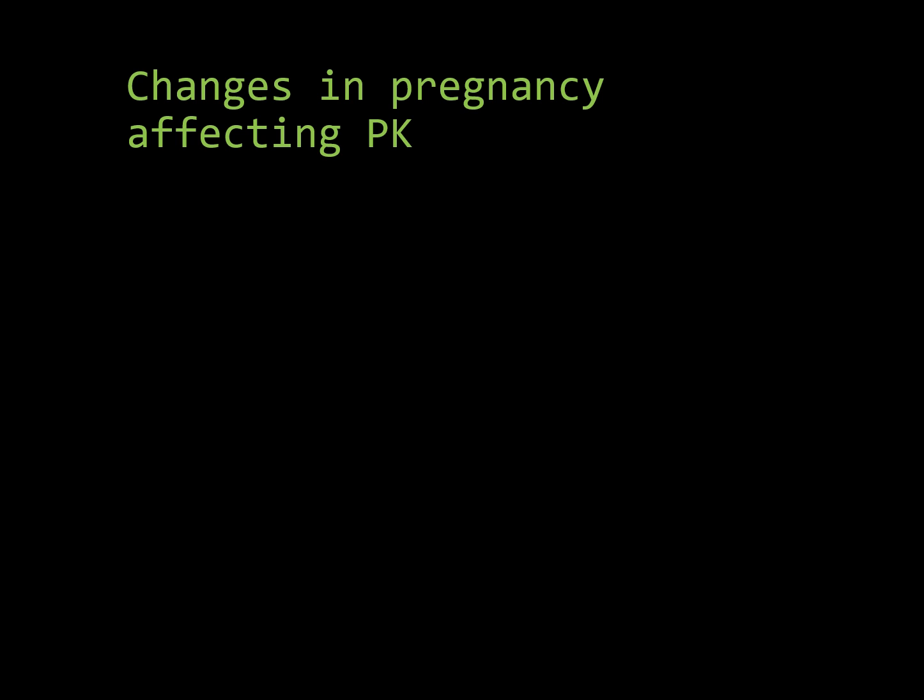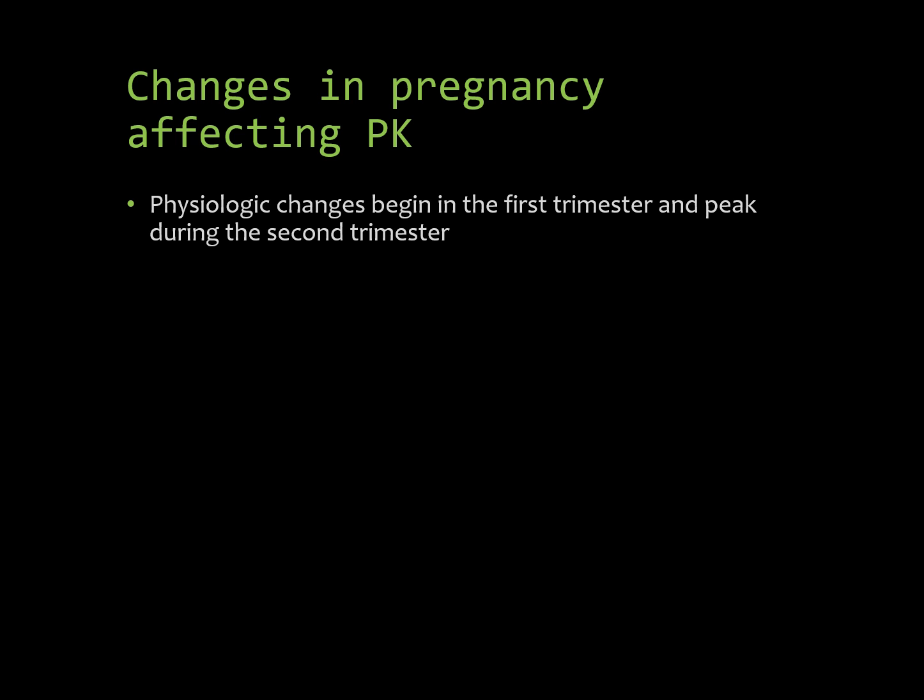Now, what are the certain changes which occur during pregnancy affecting the pharmacokinetics of the drug? As you have already read in physiology, the physiologic changes begin in the first trimester and peak during the second trimester.